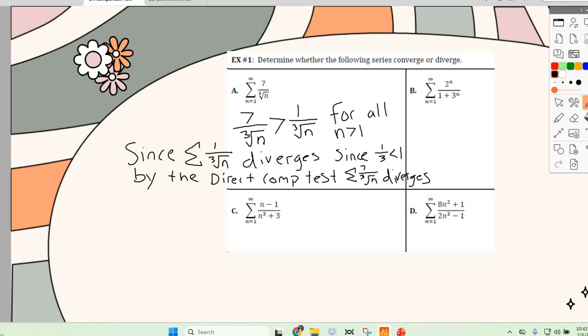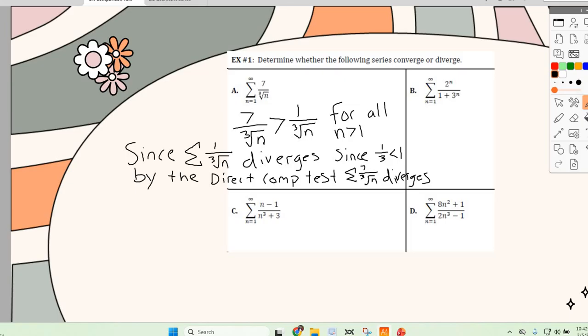What would be the geometric sequence that it's close to, or looks like? So what does a geometric series look like? A base to the n. Okay. Do I have things that are to the n power on there? Okay, which things are to the n power? The 2 and the 3.